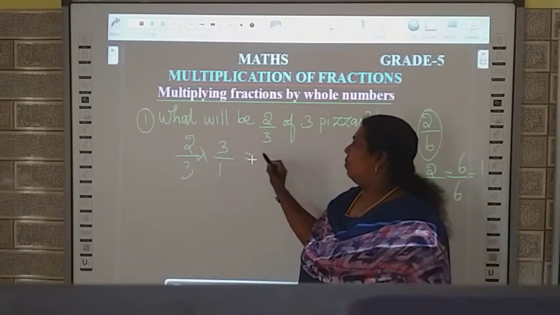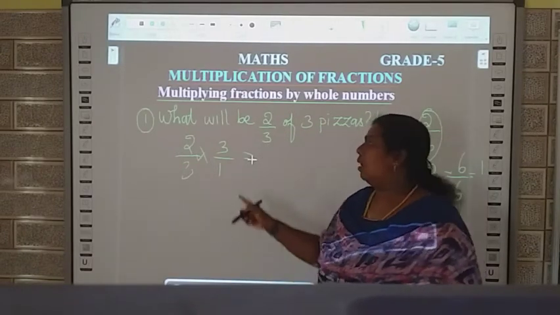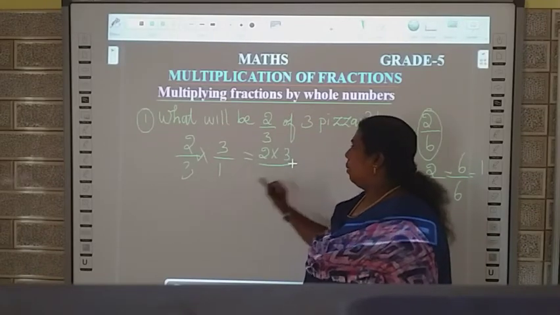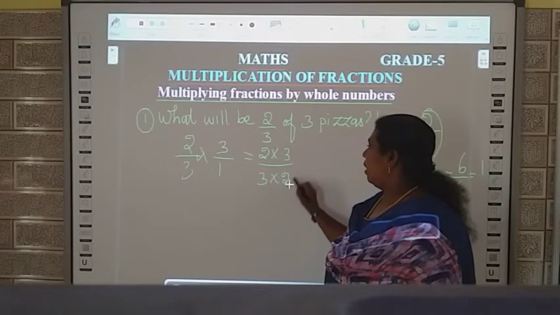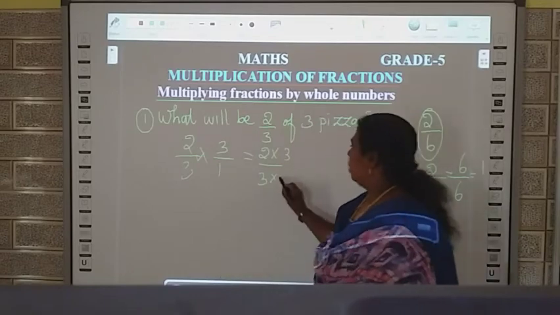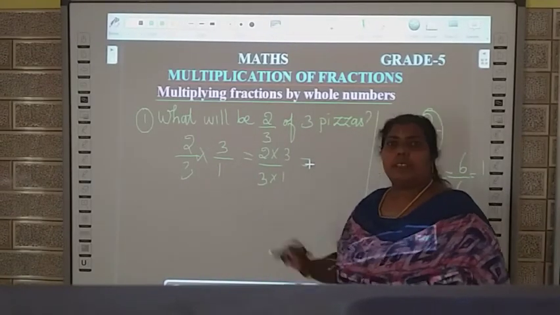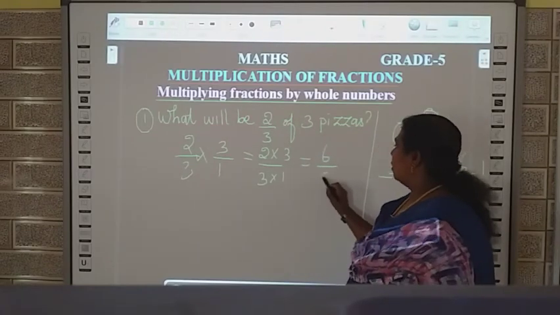Now we can multiply numerator and denominator. Okay, 2 times 3 divided by 3 times 1. Now 2 times 3 is how much? 6. Then 3 times 1 is 3.